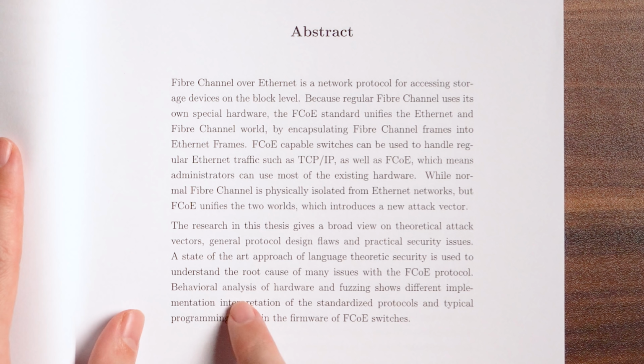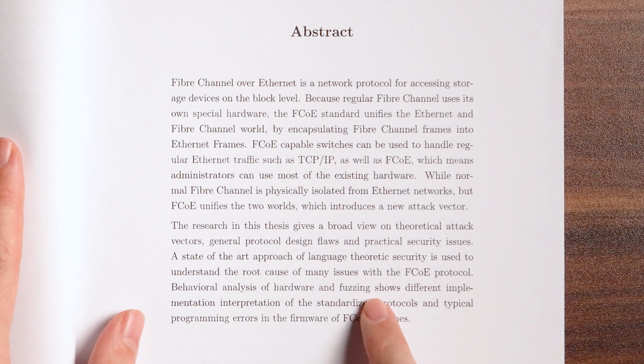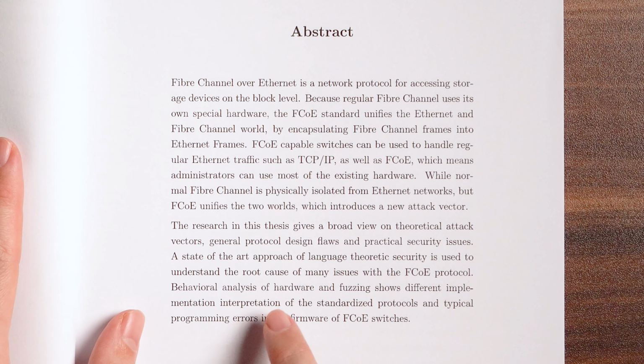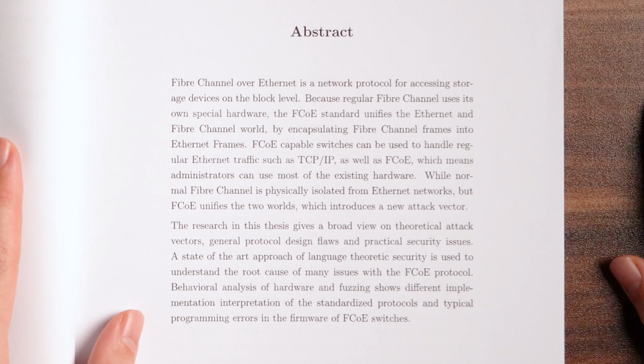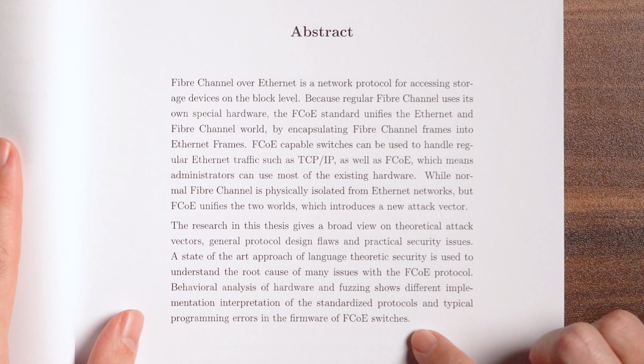And while I'm not super deep into the state-of-the-art research in that field, I wanted to try to apply it to my bachelor thesis because I was looking at protocols, and language-theoretic security tries to look at protocols a little bit differently. Behavioral analysis of hardware and fuzzing shows different interpretations of the standardized protocols and typical programming errors in the firmware of FCoE switches.